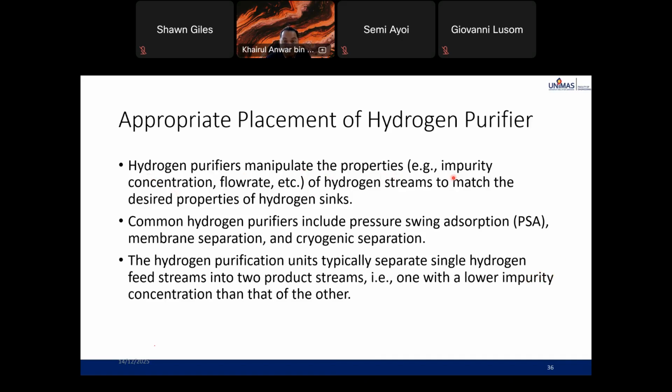The hydrogen purifier manipulates the properties of the hydrogen stream to match the desired hydrogen stream.